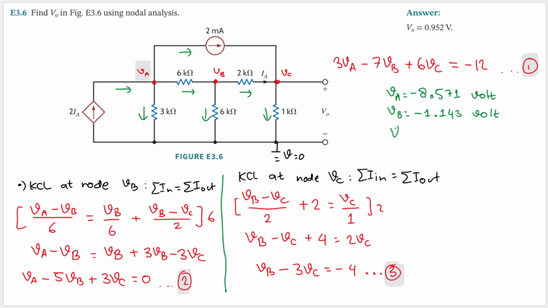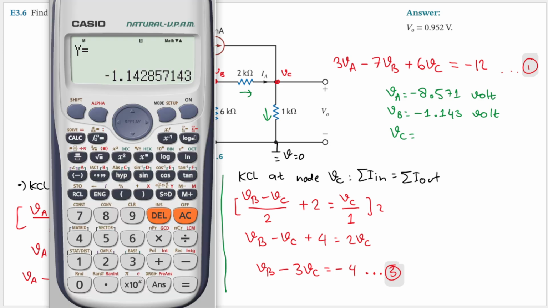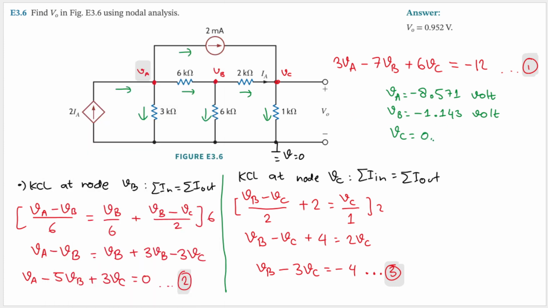And then what is VC? VC is 0.952, 0.952 volt, and that is VC. But VC here is also V0, right? Because that is V0 from the ground, right? So we'll have V0.